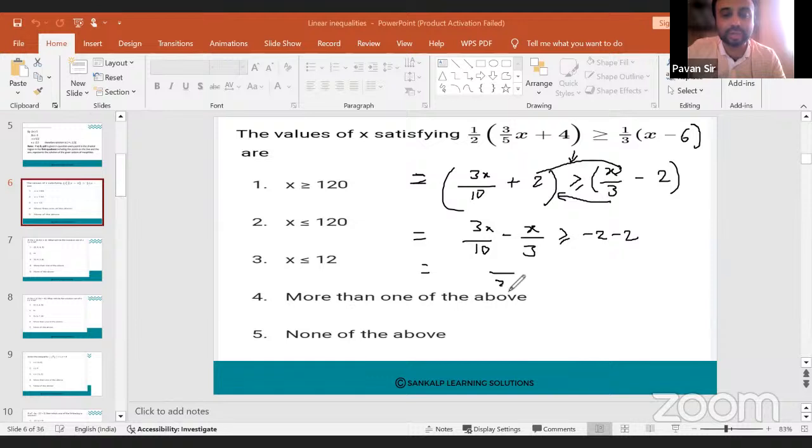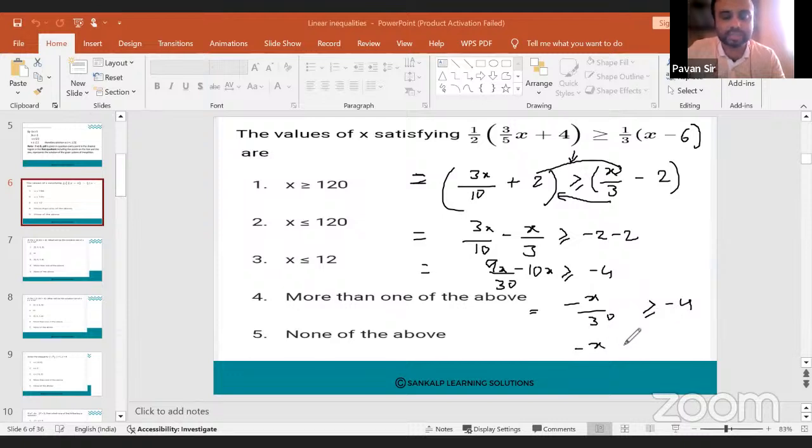LCM will become 30, and 10 threes are 30. So it is 3 into 3 is 9x, 3 tens are 10x, is less than or equal to minus 4. 9x minus 10x is how much? It is nothing but minus x by 30 is greater than or equal to minus 4.